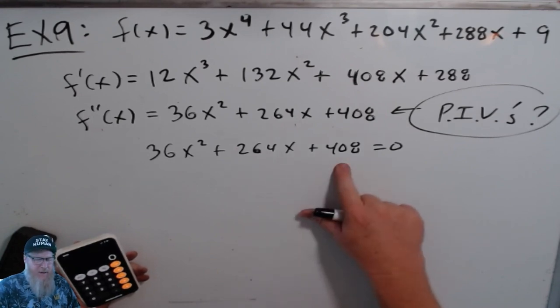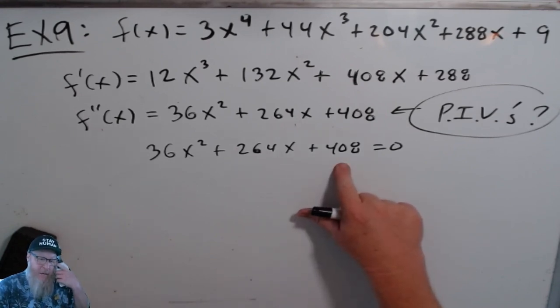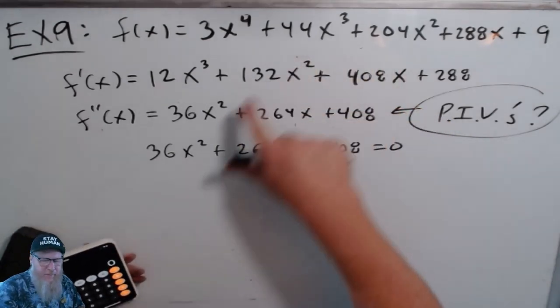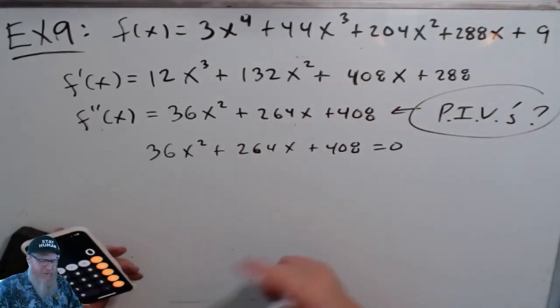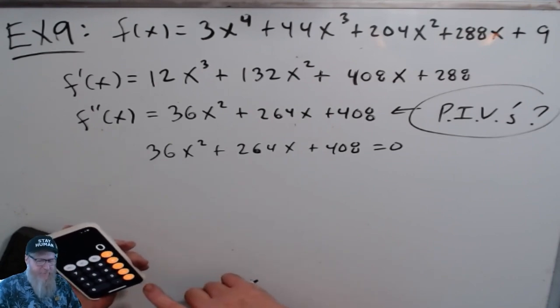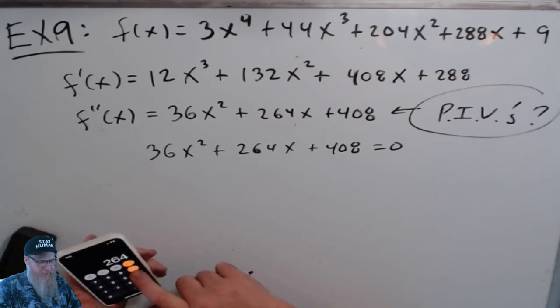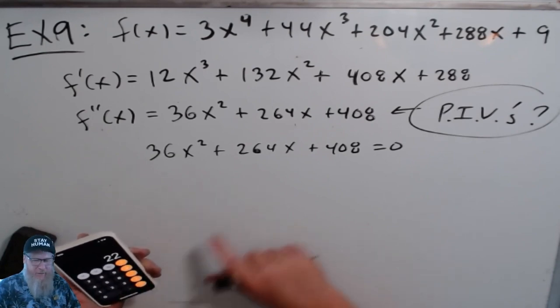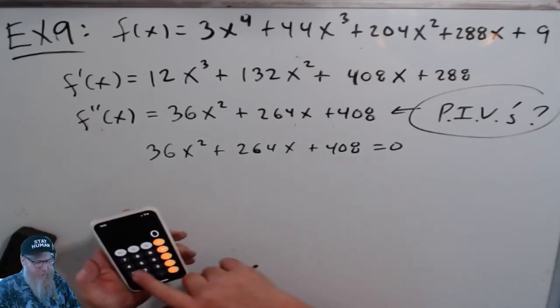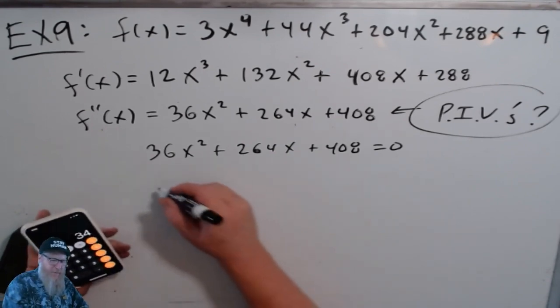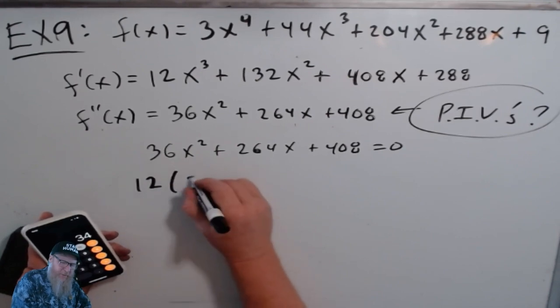Bummer. So, make sure everything is written down right. Then let's go for 12 then. 264 divided by 12. Yep, that works. How about 408 divided by 12? Yeah, that works too. So we'll pull out a 12.